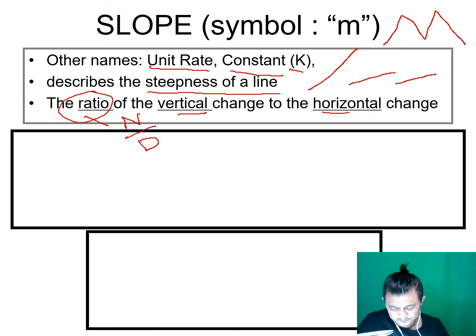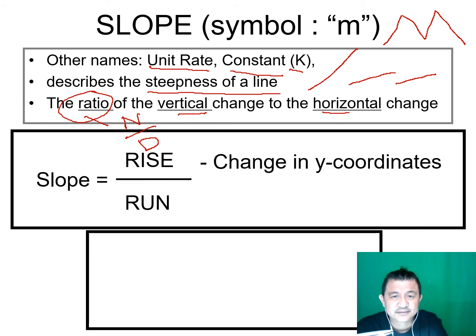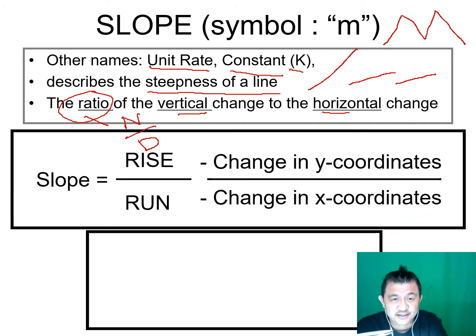Okay, so let's write down the formula. The formula says slope is equal to the rise over the run. So what do we mean by that? The rise is the change in the y coordinates over the change in the x coordinates. So there's a formula for that.